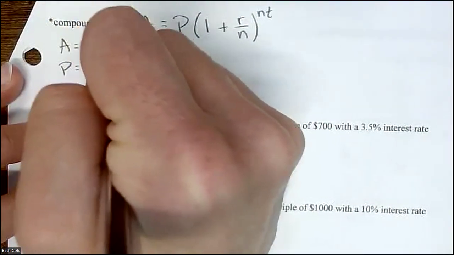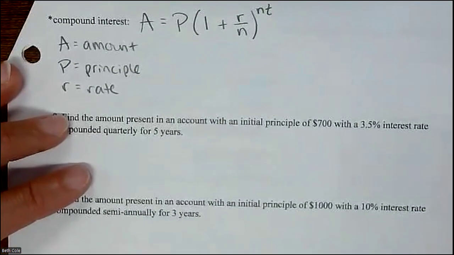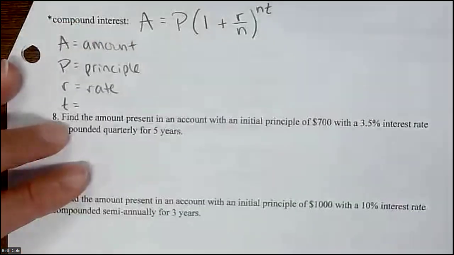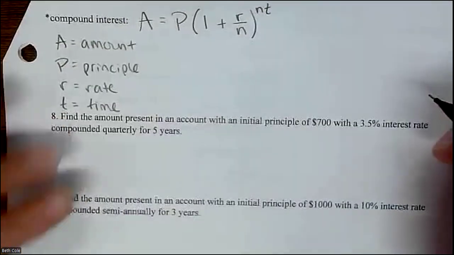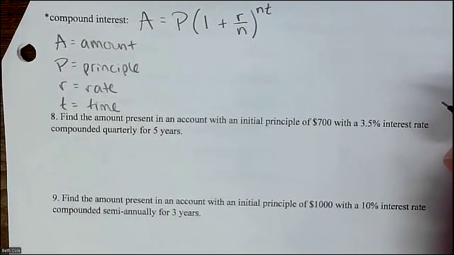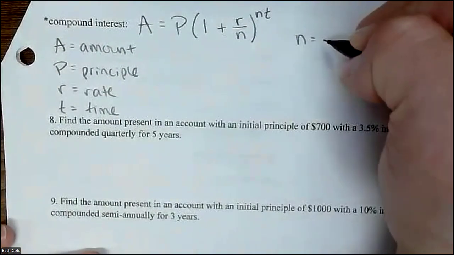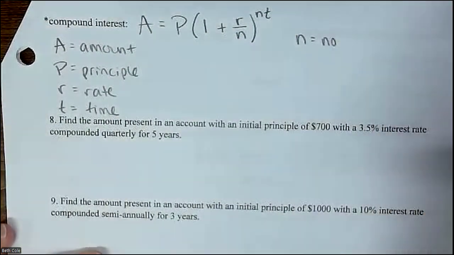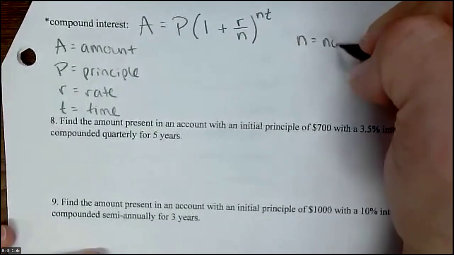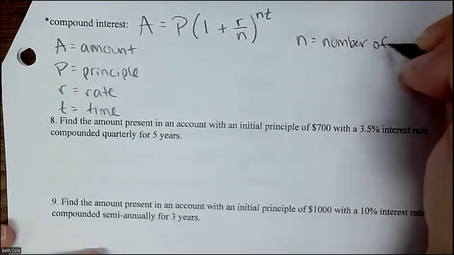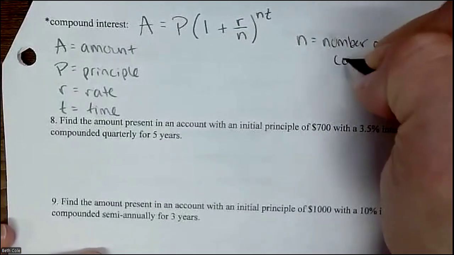R is the interest rate. What do you think T is? Time. And the letter I didn't mention yet is N. N is the number of times that you compound the interest. So number of times it gets compounded.